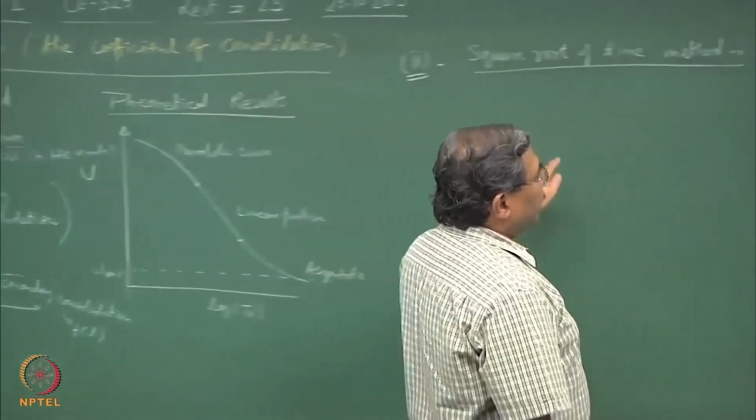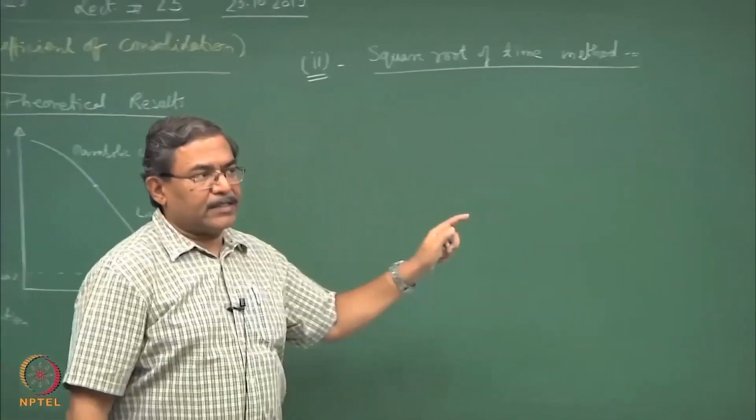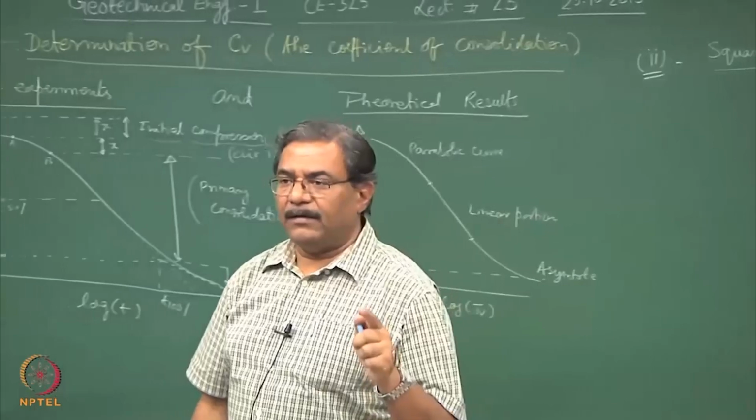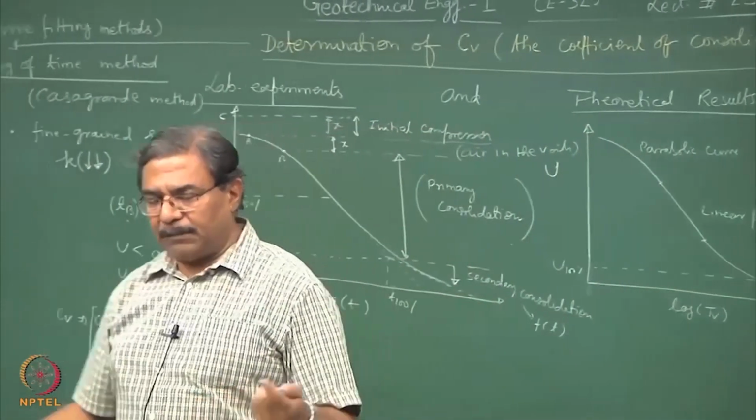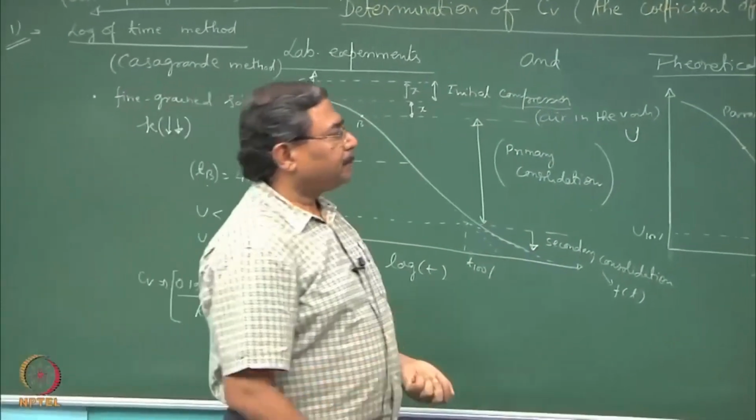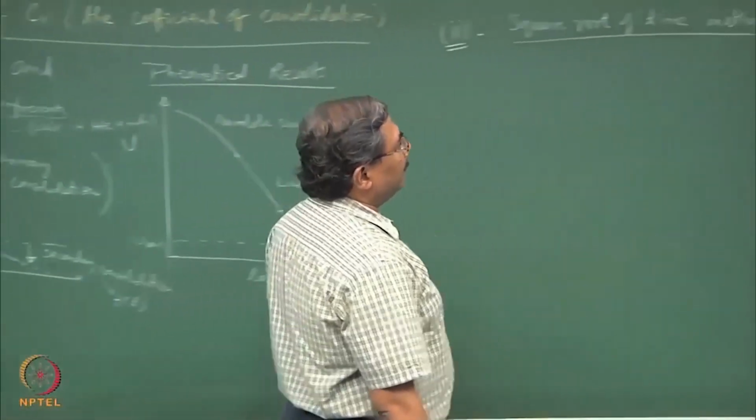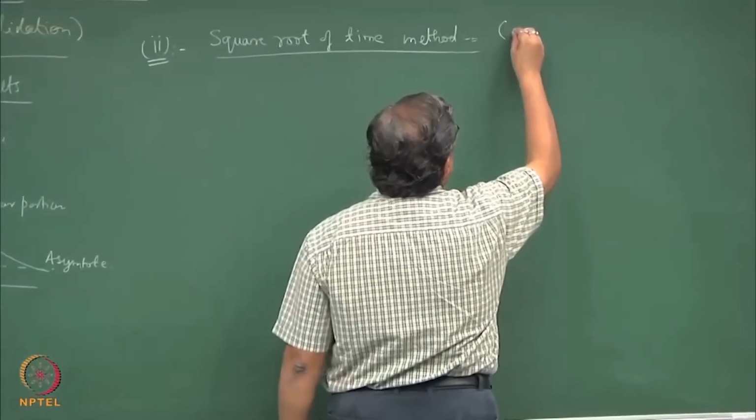This is going to be for relatively less time taking soils for consolidation. That means the permeabilities are going to be higher, and hence we deal with the under root T method, under root of time.